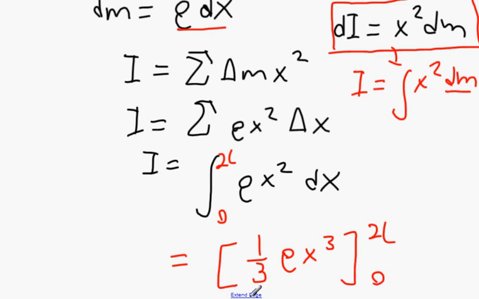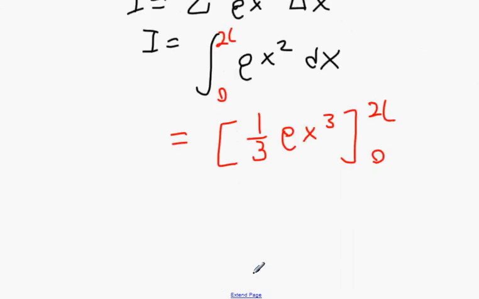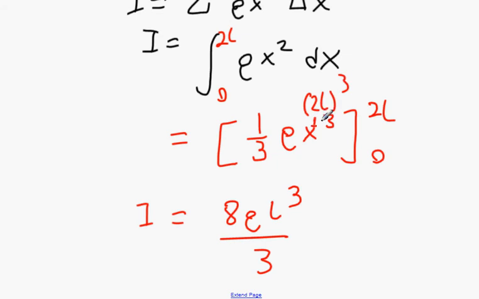Now to figure out how this works, we're going to end up with I equals 8 rho L cubed over 3. Just sub in 2L for x, and you'll get 8L cubed, divided by 3.